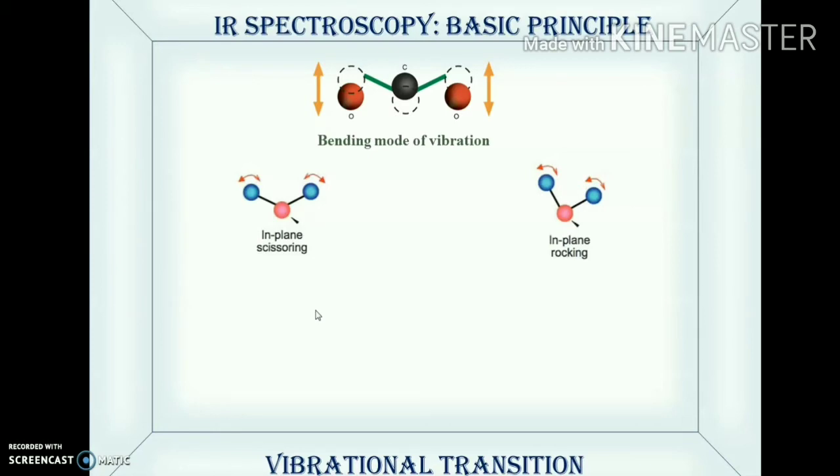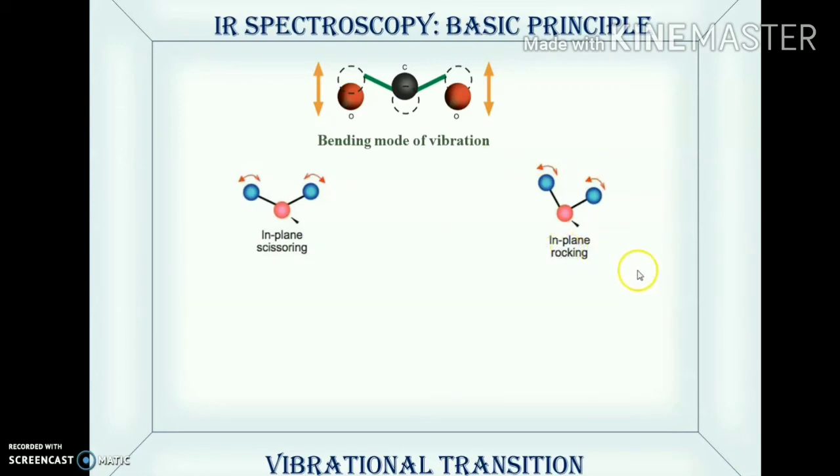So the arms are synchronized with one another. They're moving in the same direction simultaneously. So that is called the rocking motion. For atoms also, when the two atoms move in one direction and then they move in the other direction together, then the motion is called rocking type of vibration. And since they lie in the same plane as that of the central atom, it is called in-plane rocking mode of vibration.